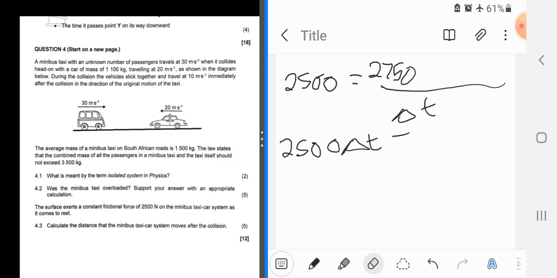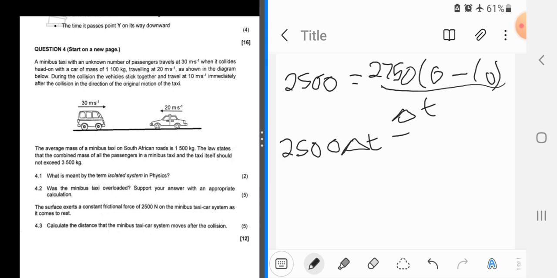All right, so here we're going to have our final velocity minus initial velocity, which is 0 minus the 10. So you have the 2750 multiplied by 0 minus 10.